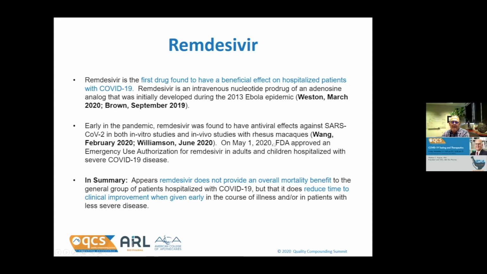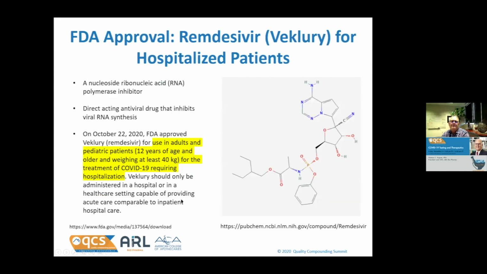Then in May of 2020, the FDA issued an emergency use authorization for it in adults and children hospitalized with severe COVID-19. In summary, remdesivir does not provide an overall mortality benefit to the general group of patients, but it does reduce the time to clinical improvement when given early in the course of the illness and or to patients with less severe disease.